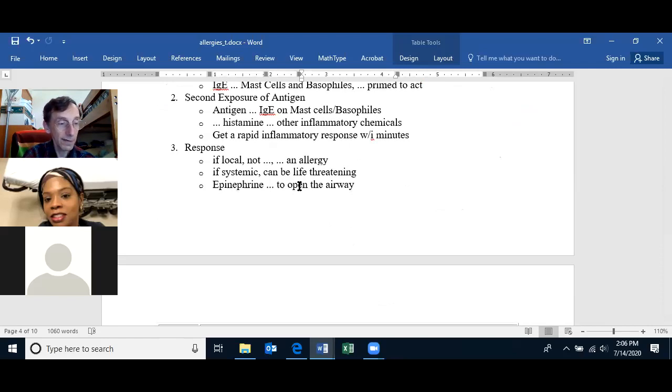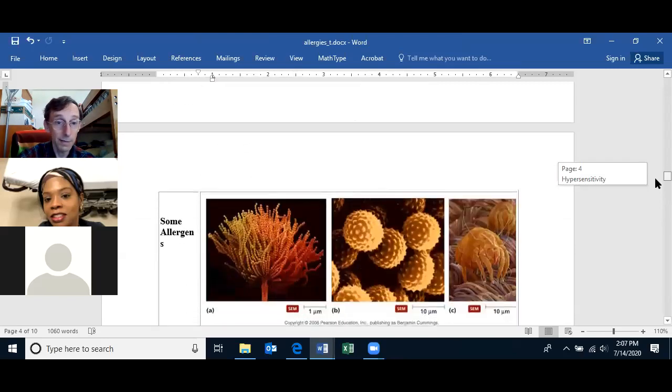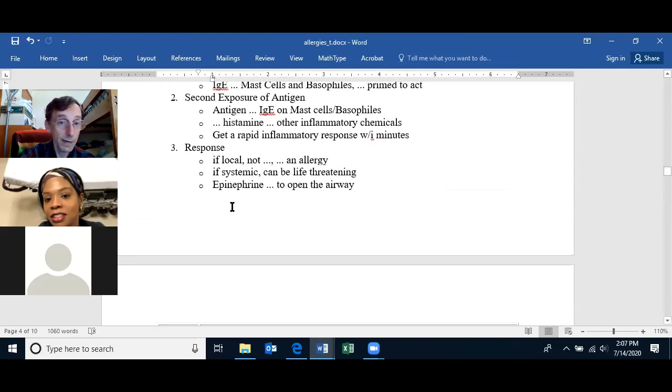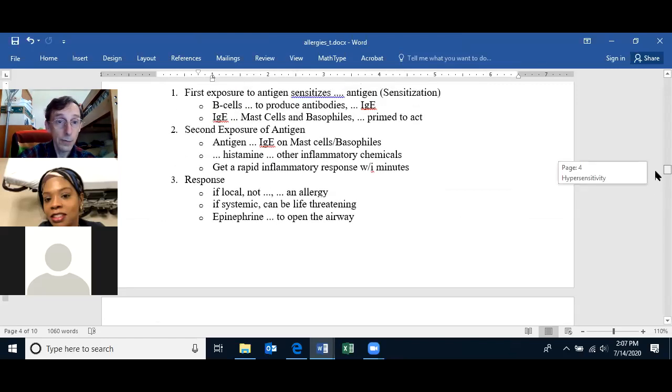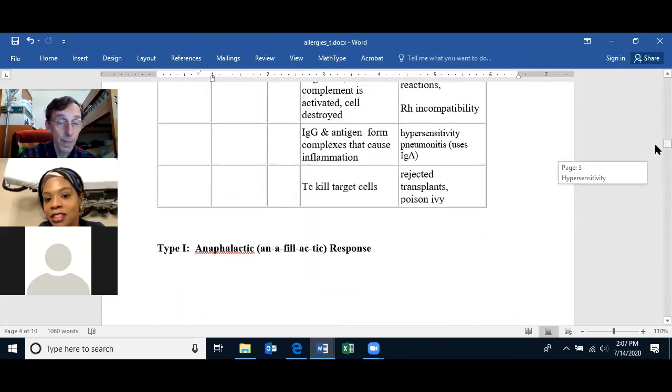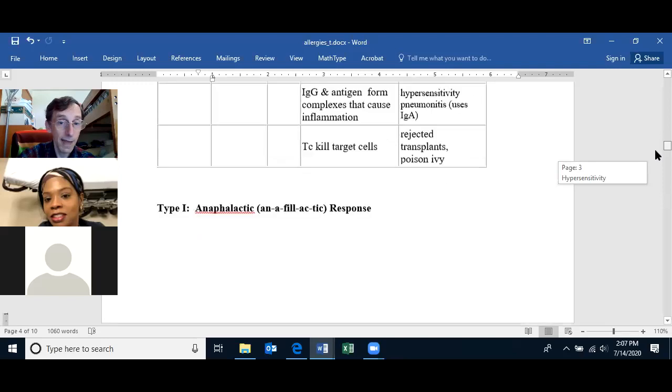The blood vessels expand, and that makes it harder still to breathe. And the patient may have swelling in the throat, and then the airway is constricted, and so the patient may have trouble breathing. Okay? And that can be life-threatening. Epinephrine can be given to relax the muscles and then open the airway. Any questions about type 1 hypersensitivity response? That's called anaphylactic response.